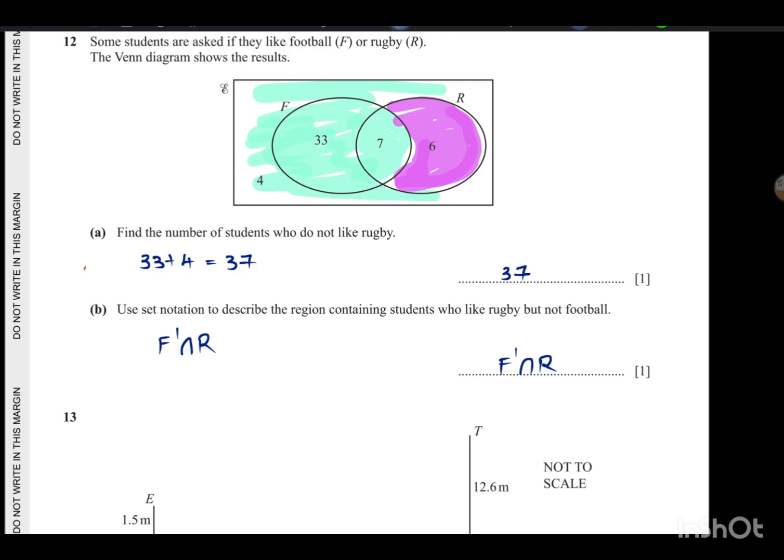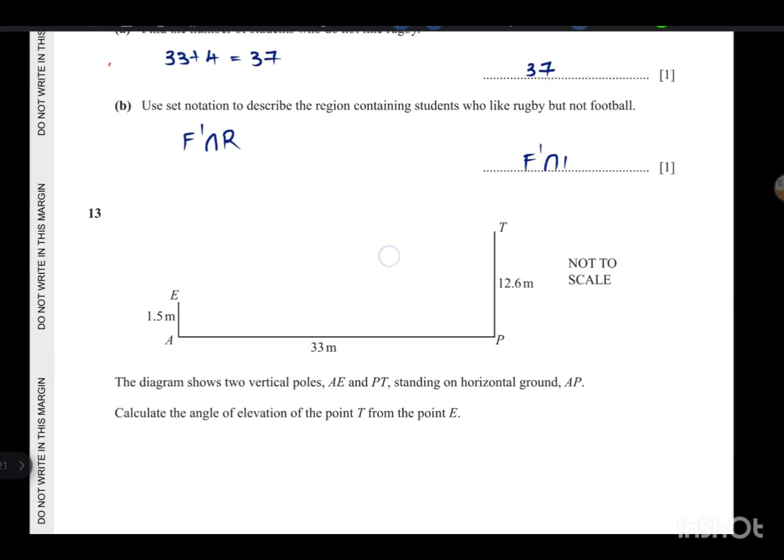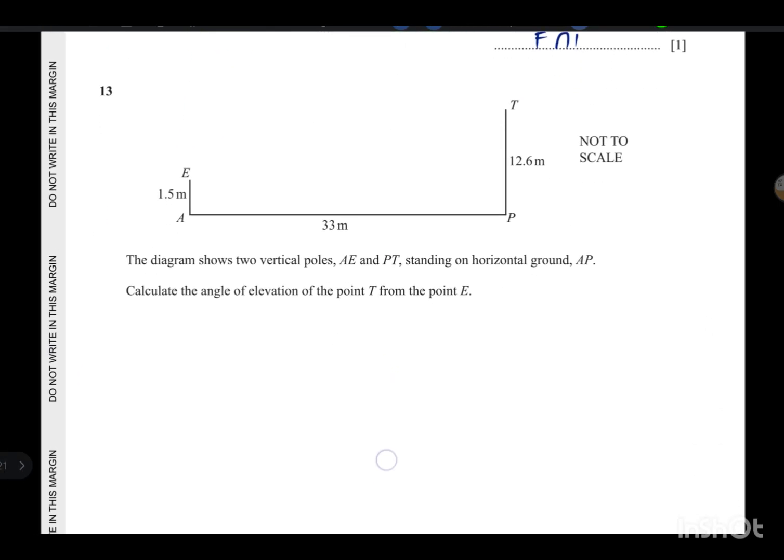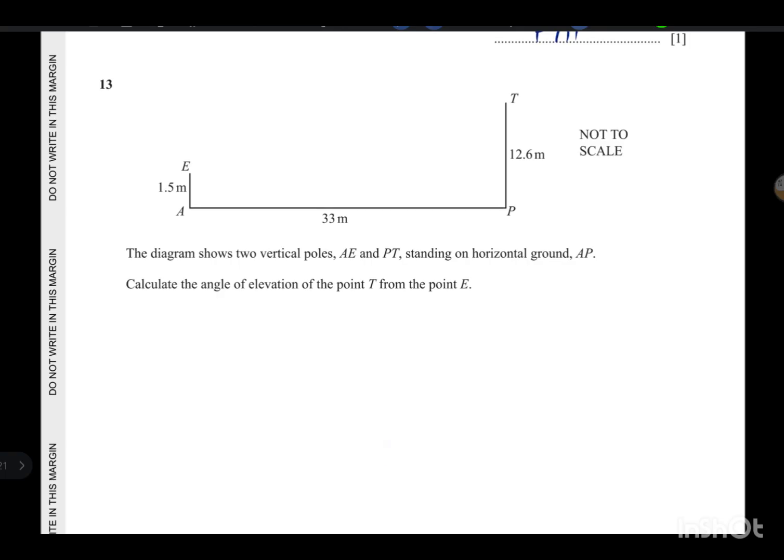Question number 13. The diagram shows two vertical poles AE and PT. This is AE, this is PT, standing on horizontal ground AP.